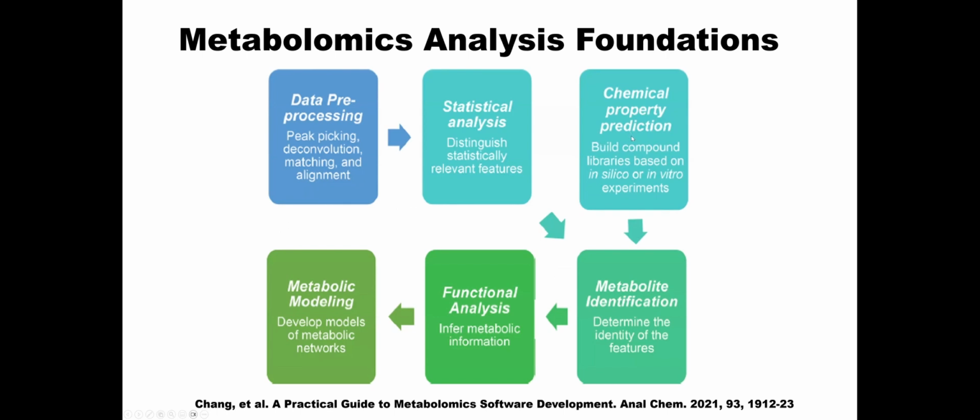You can do chemical property detection and prediction, and build compound libraries based on in silico or in vitro experiments. I should remind you that the Metabolomics Workbench has over 1 million virtual compound libraries. And then this can link to metabolite identification. You can identify all the features for targeted and untargeted mass spectrometry, for example.